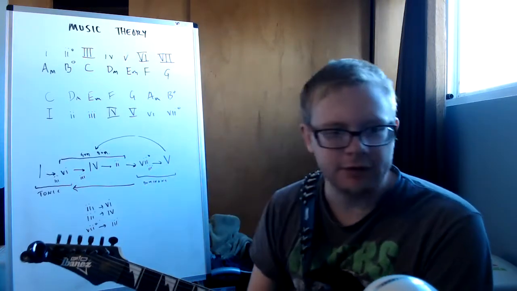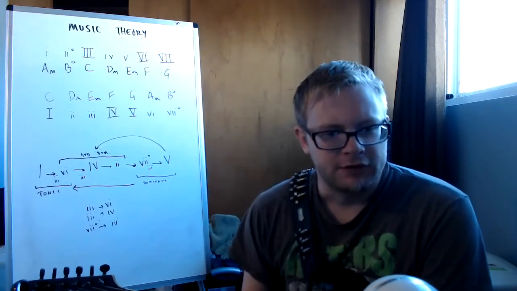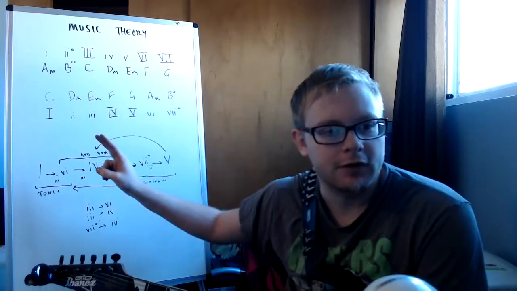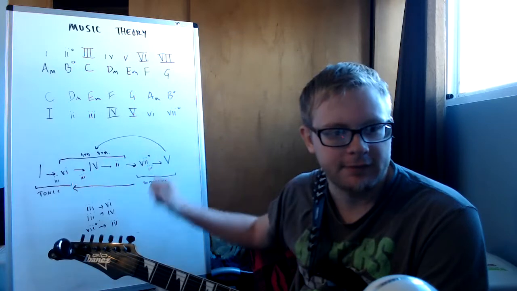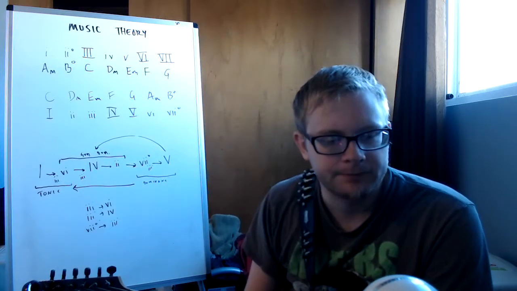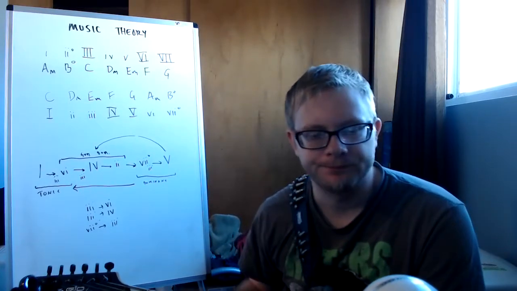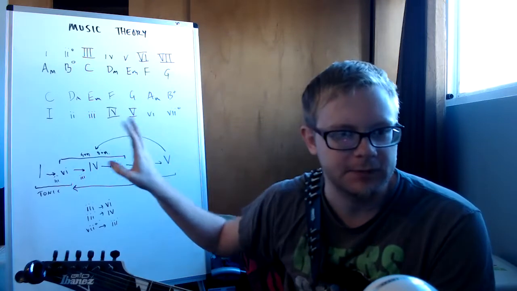Anyway, next is the 7 to 3. Basically, the reason this works is because the notes of 7 are B, D, and F. Actually, the notes of E minor, sorry, not B diminished. B diminished doesn't matter here.